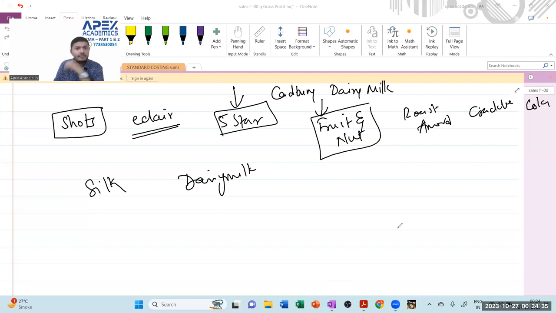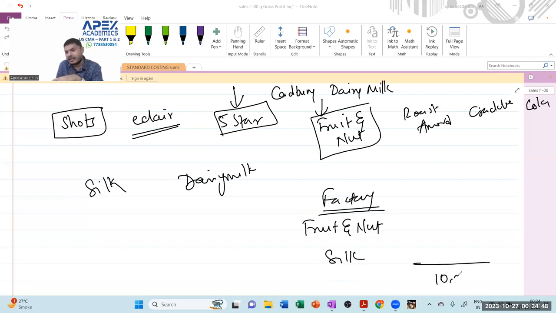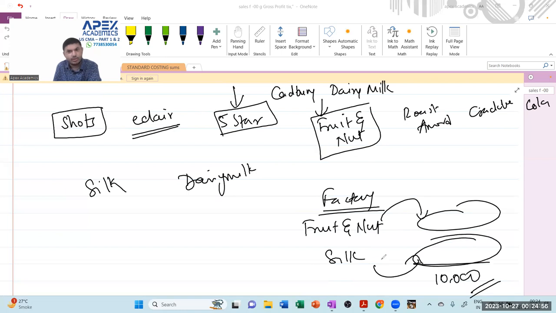You tell me one thing. Now, if there is one factory and that factory is producing only Fruit and Nut and Silk, and they are making 10,000 units of this, my dear friends, will Fruit and Nut have its own input in this total 10,000 units and Silk have its own input in this total 10,000 units? Yes. This will be the budget that you go by.